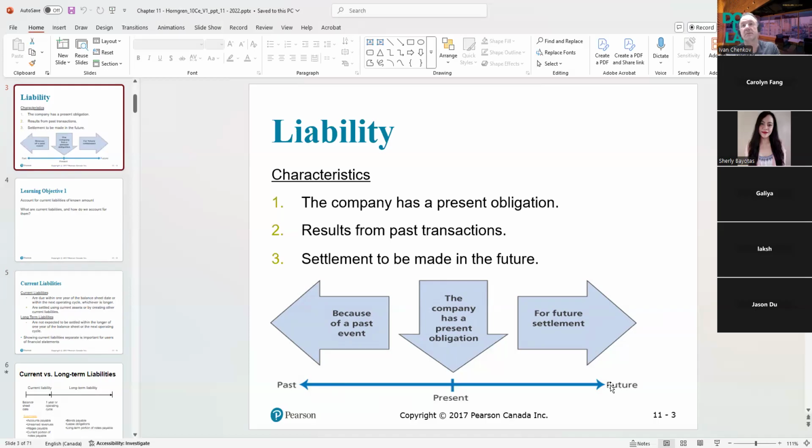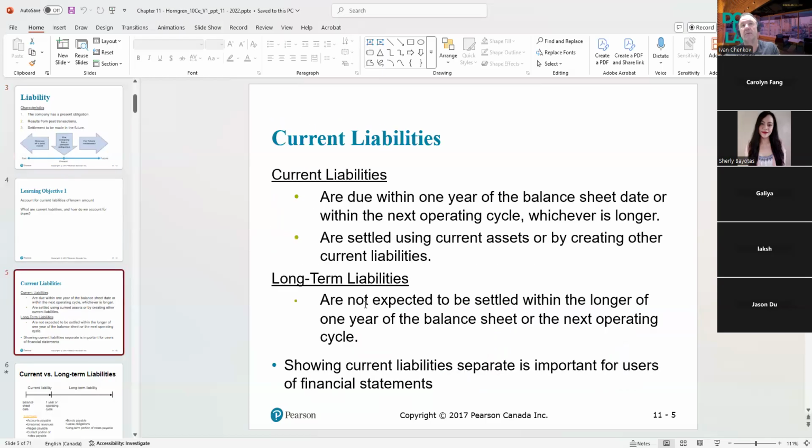If the answer is yes, we have a liability. What kind of liability do we have? Current liability or long-term liability. The pure definition of the long-term liability is a liability which is not current. So we're only testing, is it current liability? If it's not current liability, it automatically goes to the long-term liability.